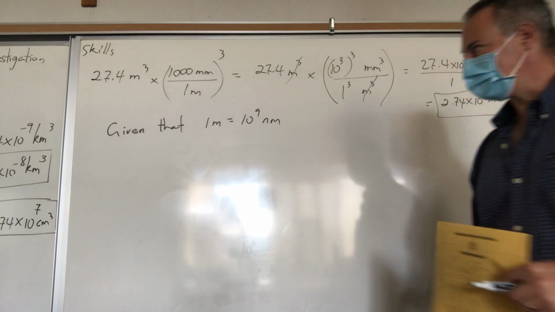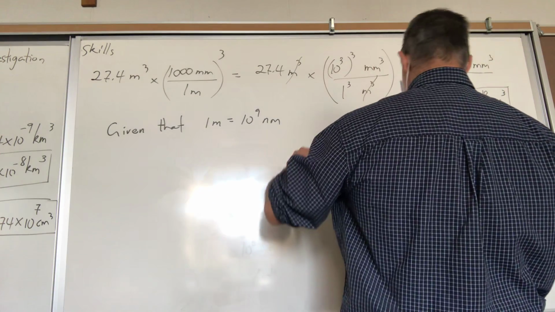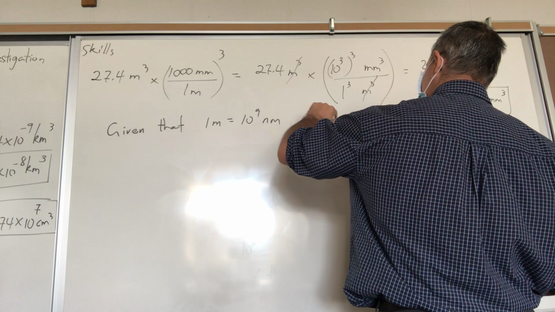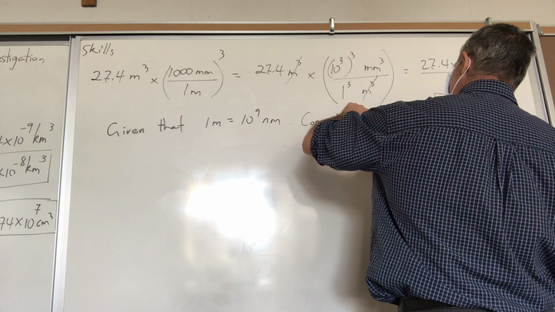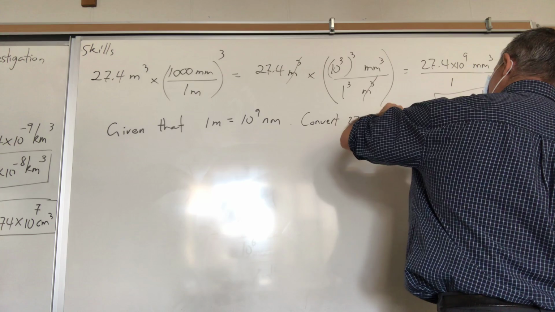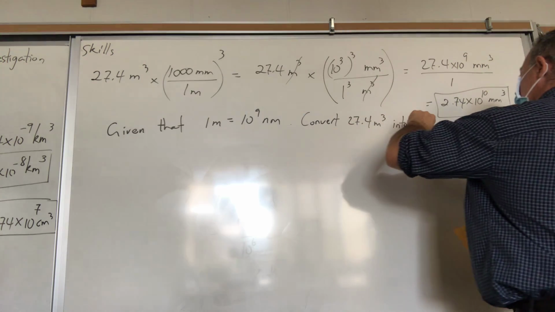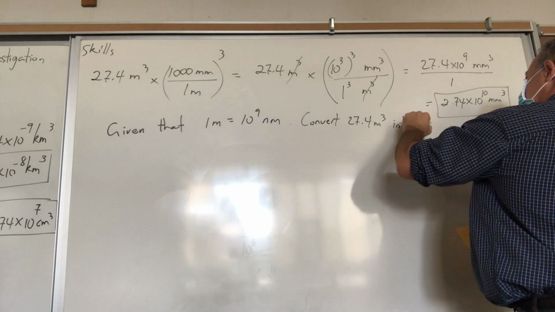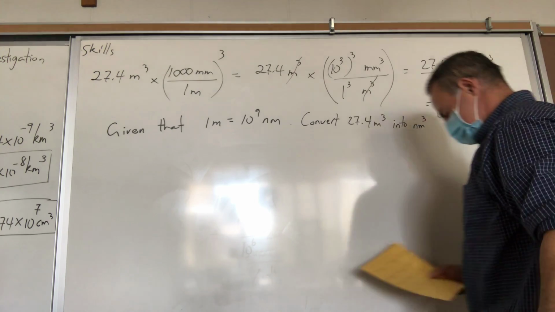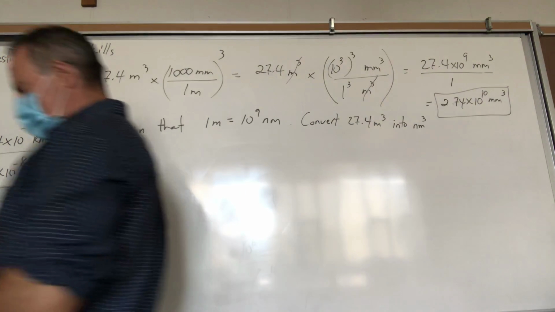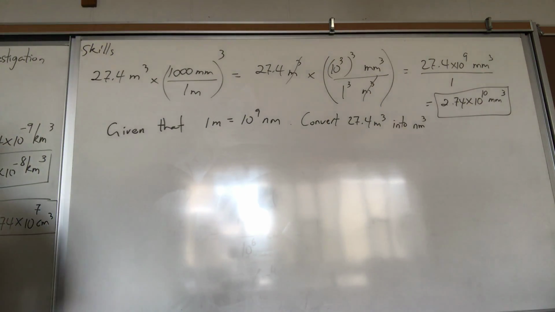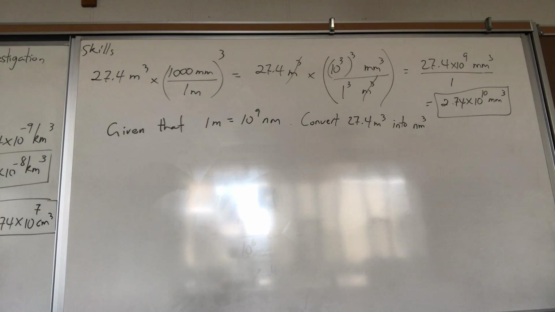So given that conversion factor, convert 27.4 meters cubed into nanometers cubed. I'll give you 1 minute to do that, and then I'll give you the answer. It shouldn't take you longer than a minute because it's one line of calculation.